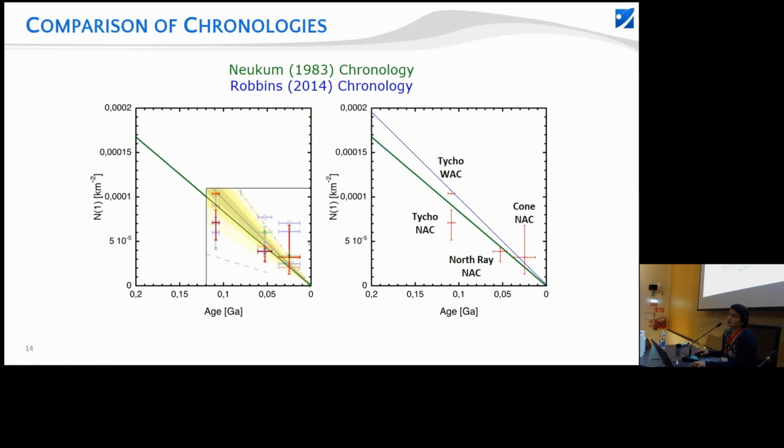So even with the preliminary results of Harry, we could see that this Cone Crater point is in the range where all chronology curves are merging. They are all almost in agreement with each other, and the point is calibrating all of them very well, even within the error ranges.